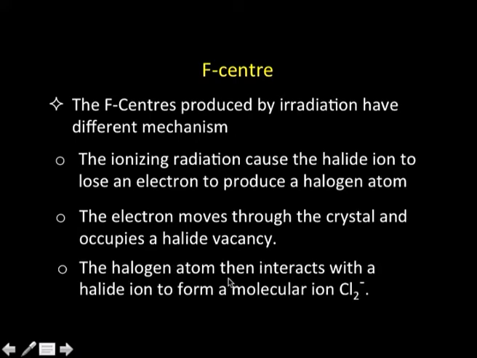The halogen atom then interacts with a halide ion to form a molecular ion called Cl2 minus, and the electron in the halide vacancy is responsible for the color of the material. So, the mechanism is different from the previous case.